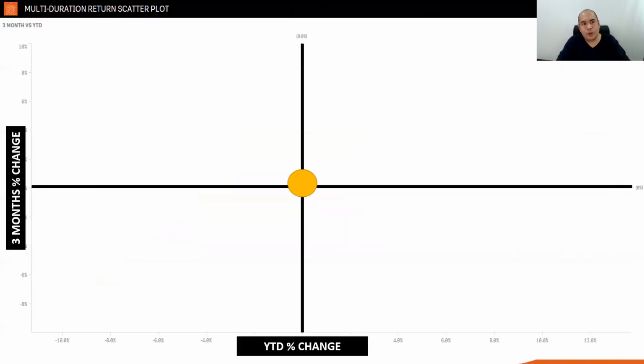So if you plot things in a scatter plot that compares a short duration and a longer duration, like a year-to-date percentage change against a 3-month percentage change, basically everything starts out at zero on January 1. And then as the days progress, what you'll realize is that some stocks or some FX pairs will move in this direction. They start gaining on the first day, in the first 3 weeks, in the first 3 months, and those stocks will be the highest momentum trades that you can trade.